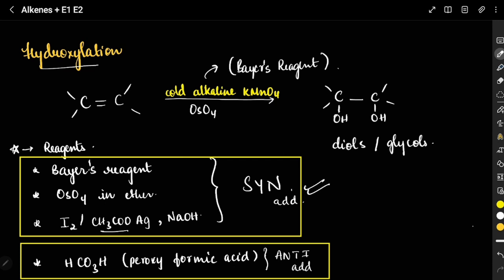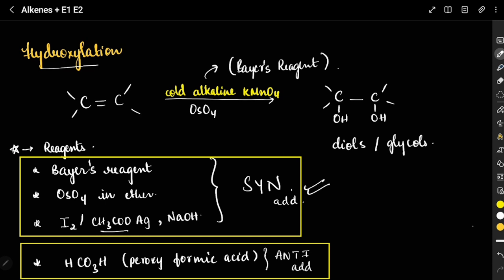What is syn addition? Syn means the same side. Two alcohols are called glycols. Now, when these two OH groups are attached from the same side, stereochemically, say both from the bottom, then we call it syn addition.